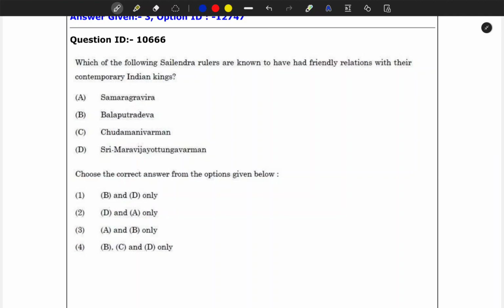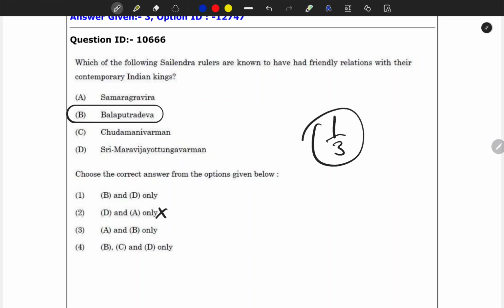The only thing I know about them is that the Balaputradeva inscription from Nalanda belongs to those people. So let's see if we can eliminate. Only one option we can eliminate, so we cannot do anything in this kind of question.